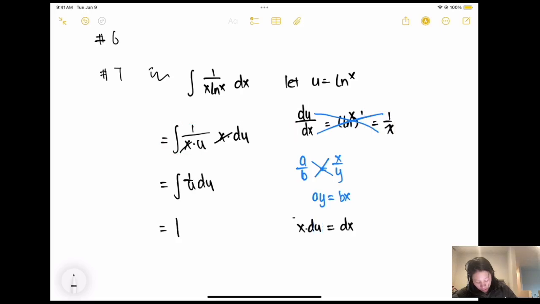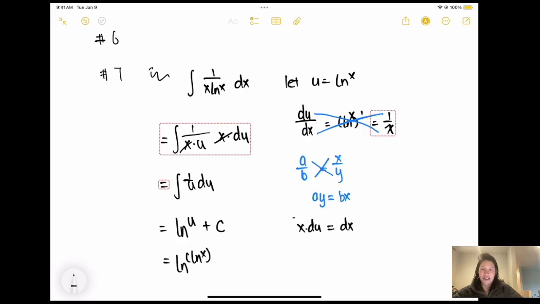So this is going to equal ln of u plus the constant term. So u we substitute back is ln of x. Okay, that's it. Plus the constant term. Don't forget about the constant term.